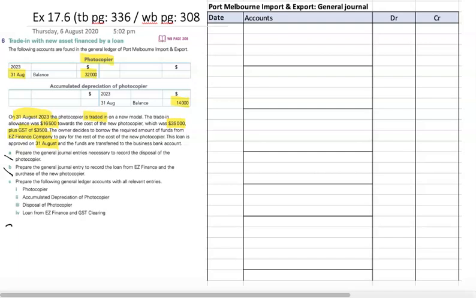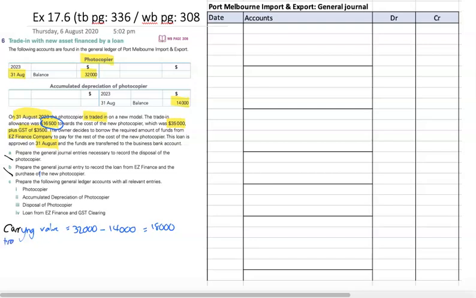We know that the carrying value, and I'll change this to blue, of this photocopier is 32,000 minus 14,000, and that equals $18,000. How much value did we get from this photocopier when we traded it in? 16,500.